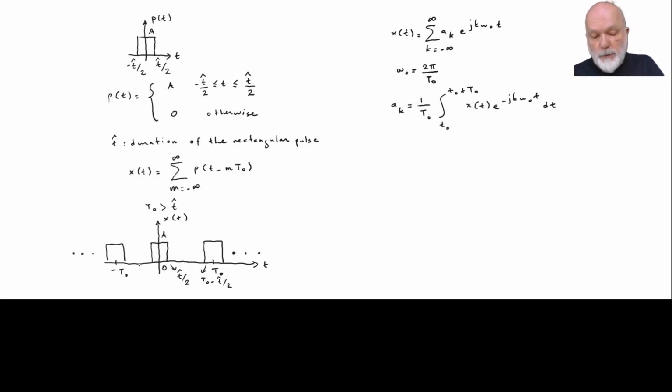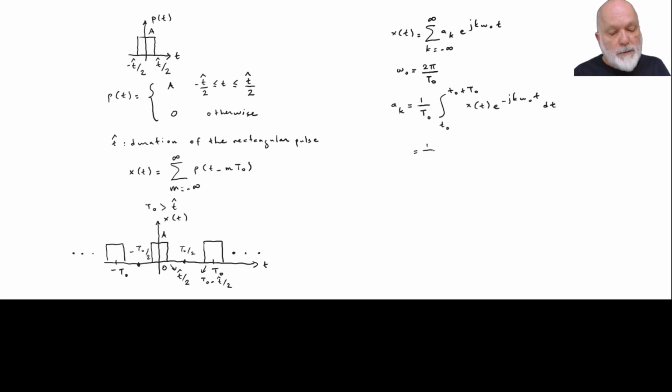Now, if we look at the periodic signal graph, minus t0 over 2 is this point, and t0 over 2 is this point. So we integrate over this interval from minus t0 over 2 to t0 over 2.